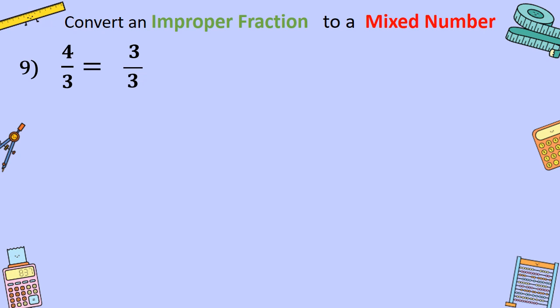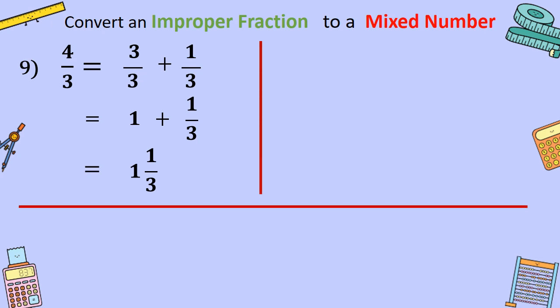Now, we know 4 by 3 is made of 3 by 3 plus 1 by 3, correct? Because 3 by 3 plus 1 by 3 gives you 4 by 3. So we can write 4 by 3 as a whole fraction of 3 by 3 and another proper fraction of 1 by 3. Now 3 by 3 can be replaced with 1 and 1 by 3 remains as it is. Adding them together will give us 1 1 by 3, which is a mixed number.